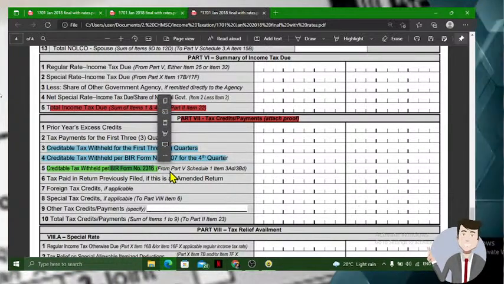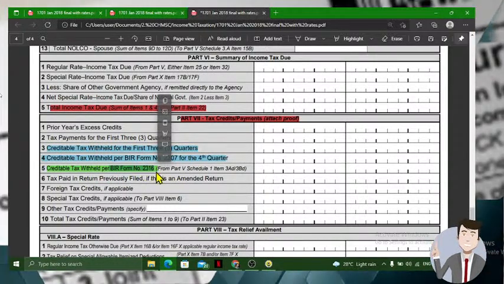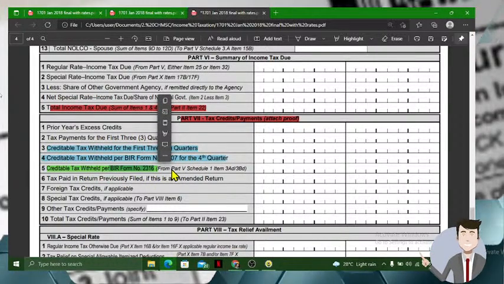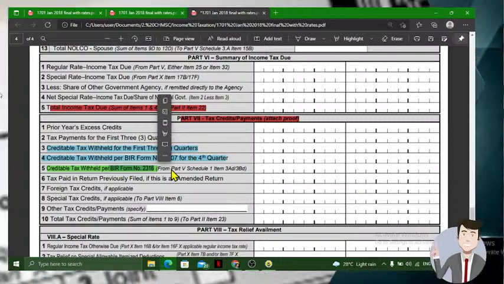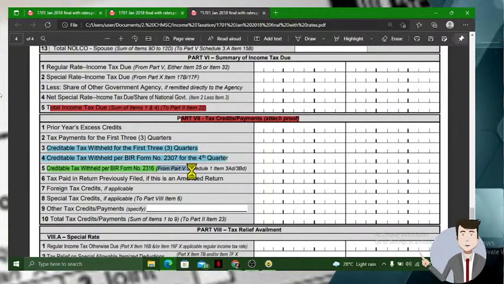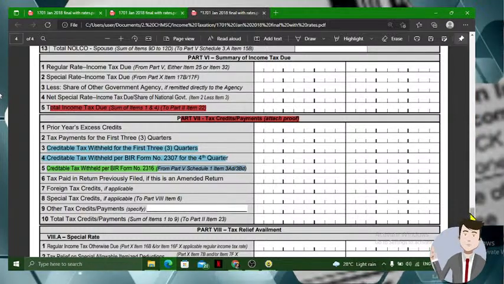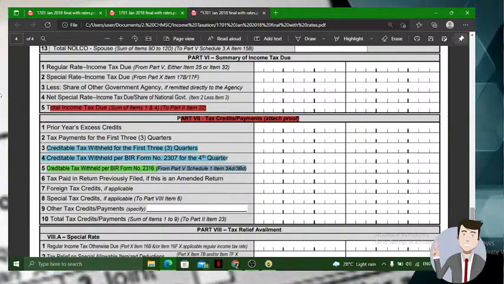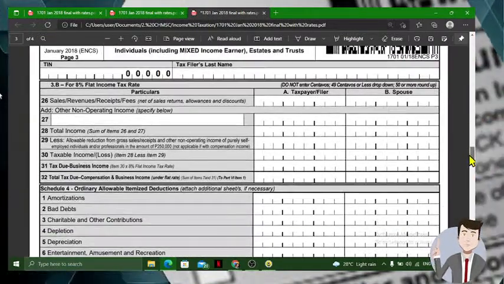That's why you have to deduct this one, because the amount withheld from your salary is already paid. It is considered as paid. That's why you have to deduct it. Okay? So take note guys, it should jive with what you have declared in your part number 5, schedule number 1. So, andito siya. That's 3AD and 3BD. Okay, let's check. Part 5.